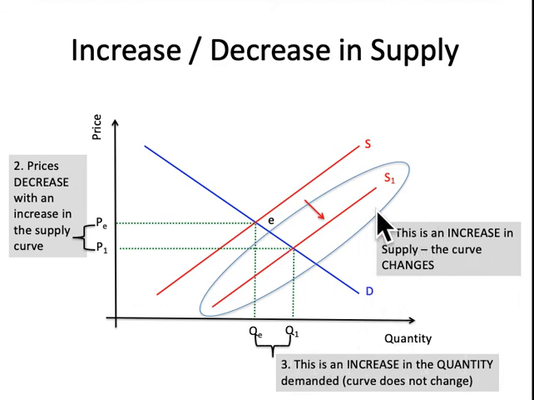Supply changes, supply increases, prices drop, and therefore demanders have an increase in quantity demanded. And again, this demand curve has not changed. The supply curve has changed. This is an increase in supply. This right here from this point to this point is an increase in quantity demanded. But demand has not changed. As you can tell, this demand curve is still exactly the same.